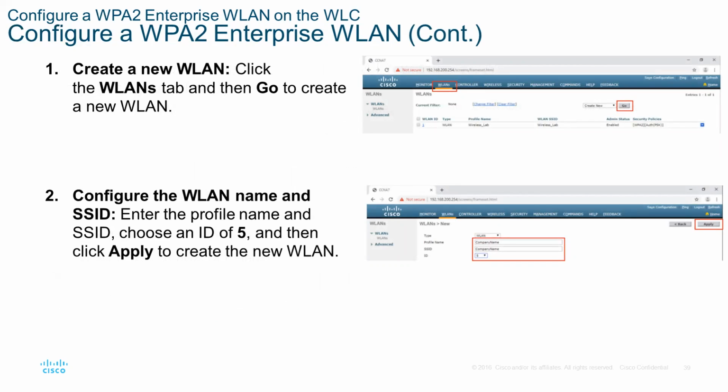So under the wireless LANs tab, we need to create a new one, hit the go button. That'll change the page to the new one, and now we enter our profile and our SSID, and now we can change the ID and apply.